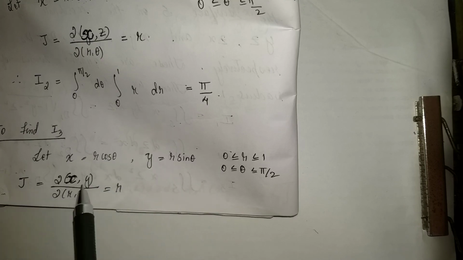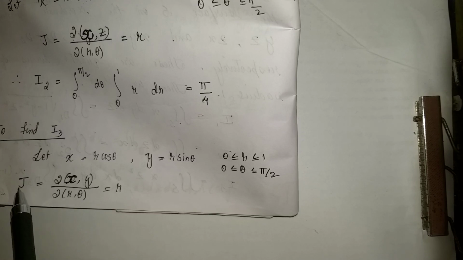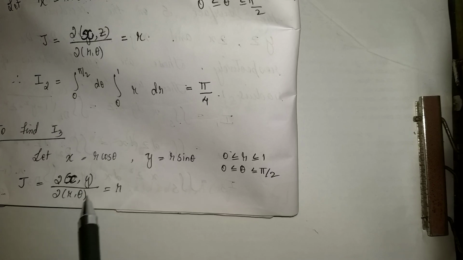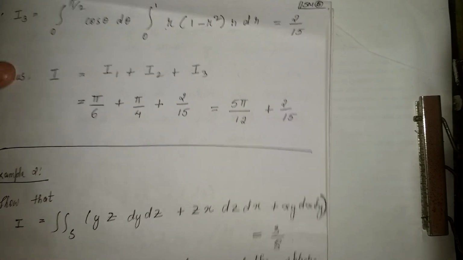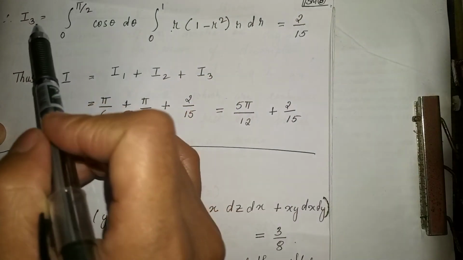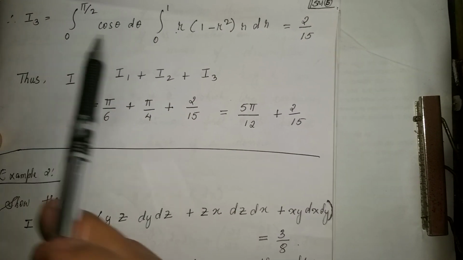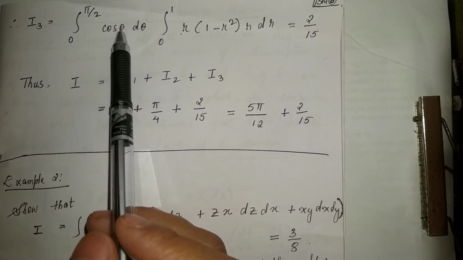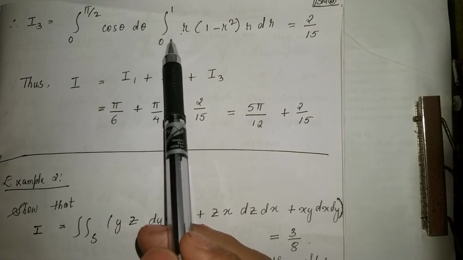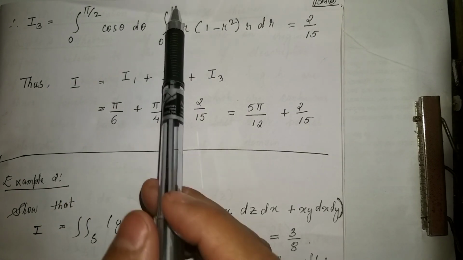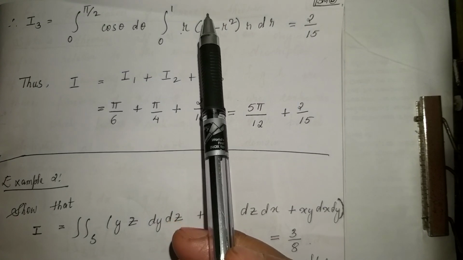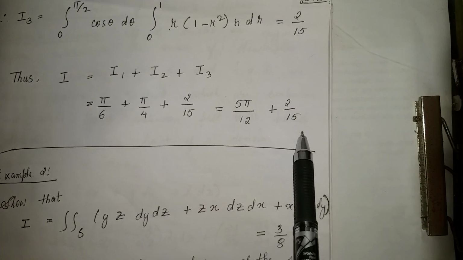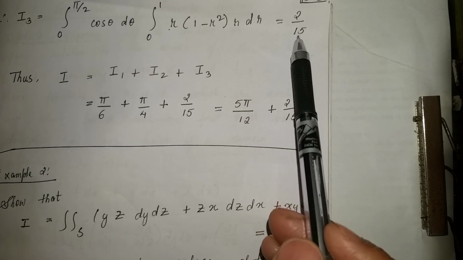Since you're changing the variables, you have to find out the Jacobian del(x,y) by del(r,theta), and you're going to get it r. You substitute the values in the given integral, then you'll get the value of I3. Remember, in I3, theta is varying from 0 to pi by 2, then your r is varying from 0 to 1, since all of them are quarter circles. Then I3 is equal to 2 by 15.